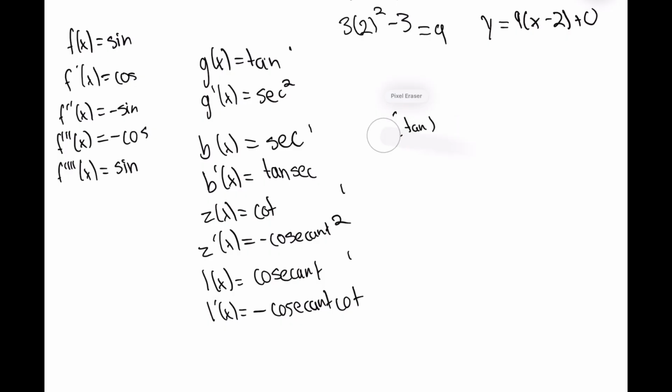Like tangent, the derivative would be secant squared, but the derivative of cotangent would be negative cosecant squared. Same as how the derivative of secant is tangent secant, whereas the derivative of cosecant would be negative cosecant cotangent. So I just thought that was a pretty cool way of memorizing these things.